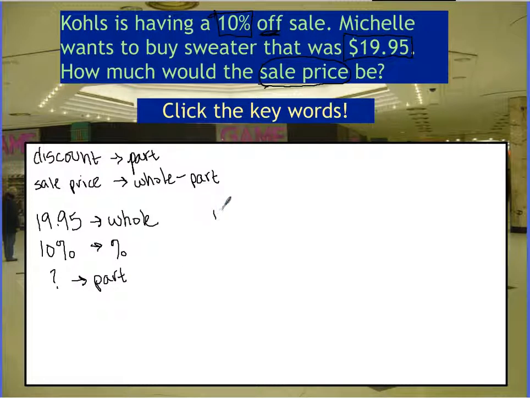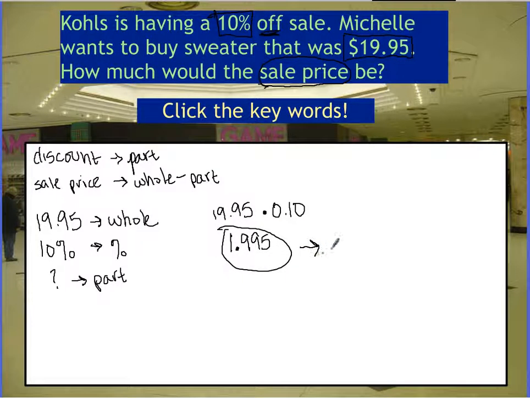All right, so I know that I'm going to take $19.95 and I'm going to multiply it by 0.10. When I do this, I know that I get 1.995. So now this right here is the discount.